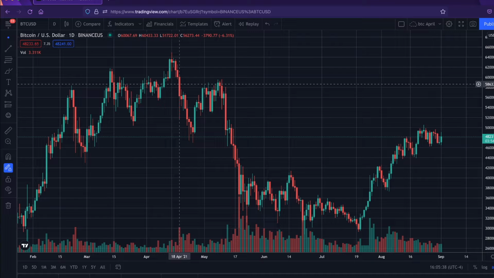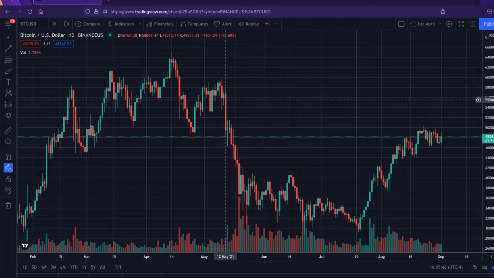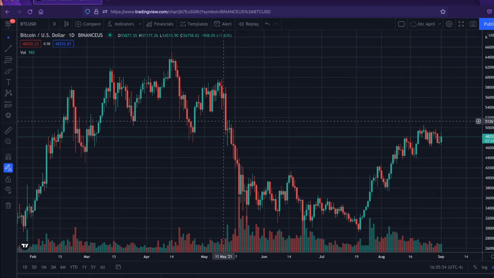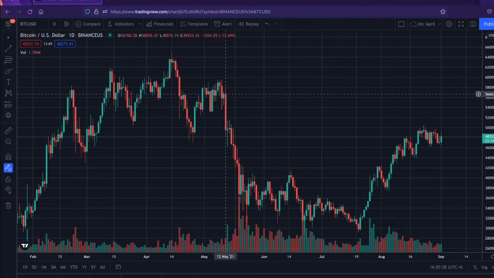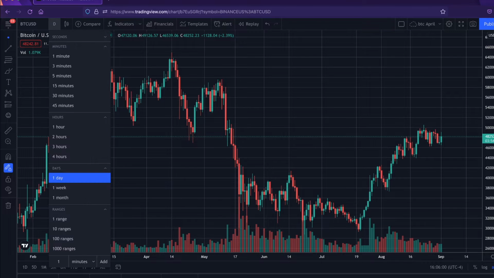If you're not familiar with candlestick trading, each candlestick represents the entire time interval that you're on. So if you're on the daily chart, which we're on right now, each candlestick, you see this red one right here, represents 1 full day's worth of trading. Now we can switch this up here.